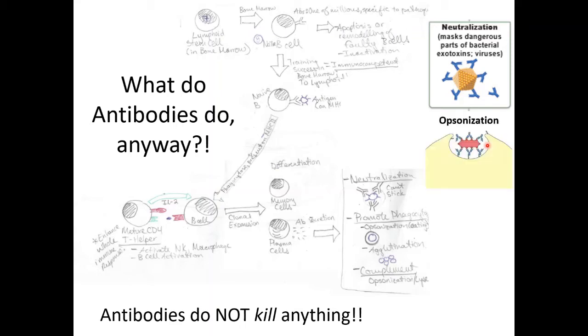Okay. Secondly, we can promote phagocytosis, and we do that in a couple different ways. Both of these we've already heard of. Opsonization is part of a process activated by complement. We'll talk about that again in just a moment, but this process again is linked to our innate immune defenses.